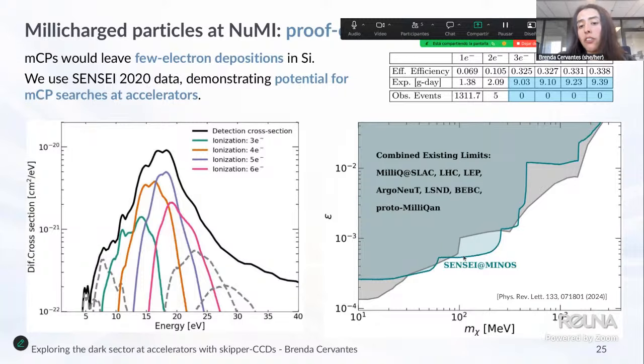Turns out that we were able to constrain a previously unconstrained region in the hundreds of MeV mass range. So this was the first demonstration of the potential that skipper-CCDs have for performing MCP searches at accelerators.